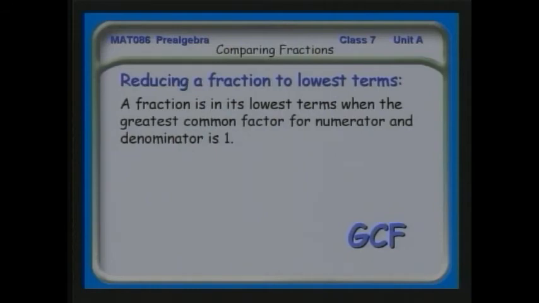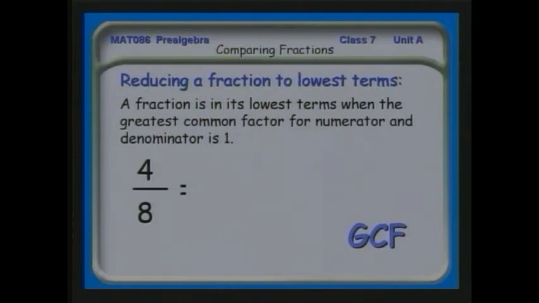There is a particular factor, the biggest one you can take out, that will reduce a fraction as low as it will go. And that's called reducing a fraction to its lowest terms. In other words, you can't go any further. That fraction is as small, the numbers on the numerator and denominator, as small as you can get them.